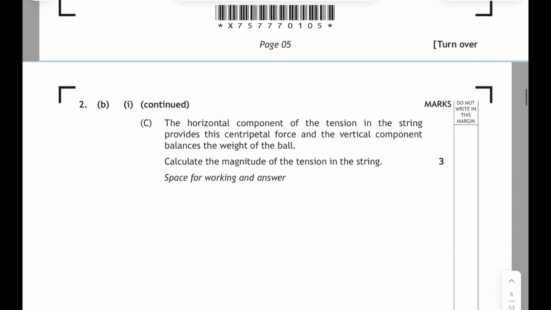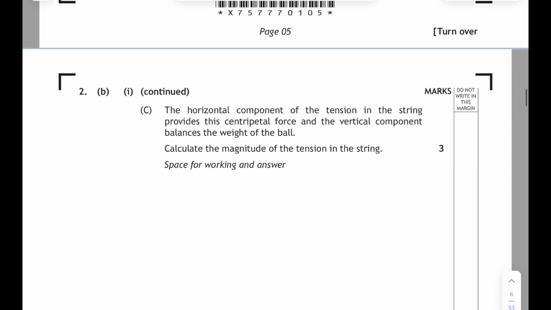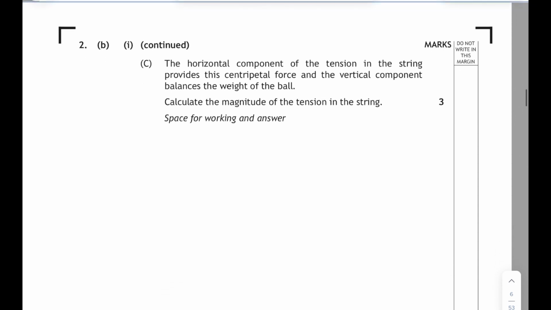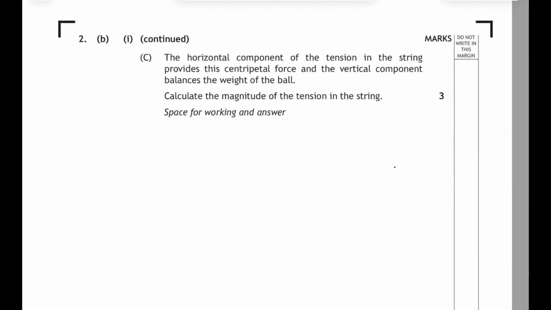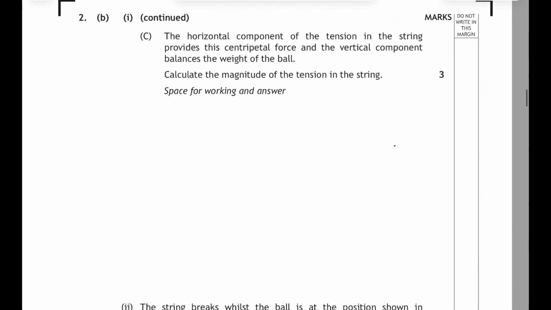Alright, question 2, part B, part 1, part C. This seems like a crazy way to label the questions, but it just means that they're all linked to the previous part of the question. So, the horizontal component of the tension in the string provides the centripetal force, and the vertical component balances the weight of the ball, and we have to calculate the magnitude of the tension in the string.